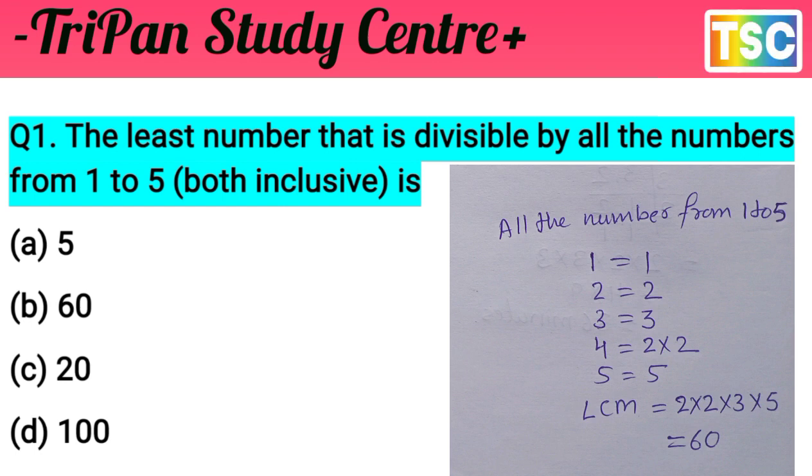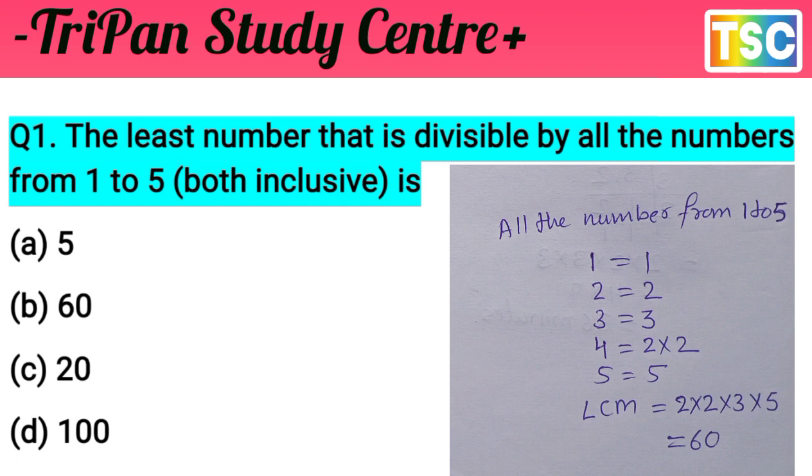Here the LCM comes: 4 has 2 two times, so 2 into 2, and 3 one time, and 5 also one time. 1 is not needed here. So calculating 2 into 2 into 3 into 5 is equal to 60. It means B is the correct answer here.